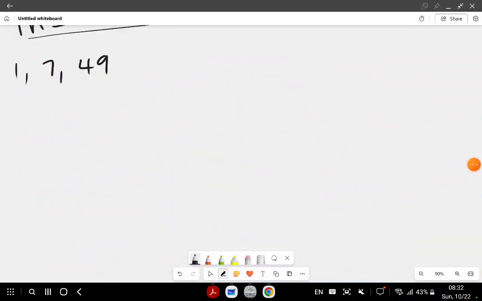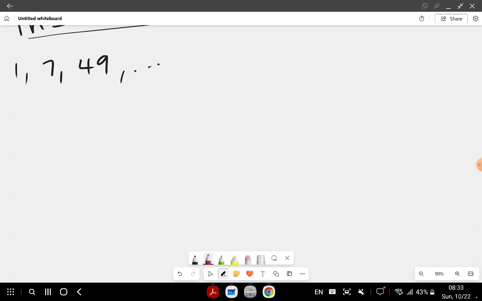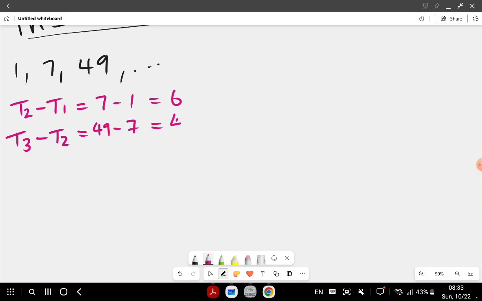All right, let's try our next one. The numbers are 1, 7, 49. So the first thing we do is we check, is it arithmetic or geometric? We say term 2 minus term 1 is 7 minus 1, which gives me 6. Term 3 minus term 2 is 49 minus 7, which gives me 42. Not arithmetic.